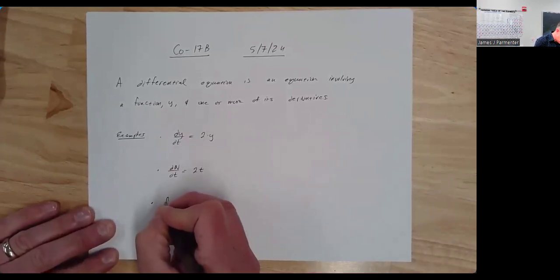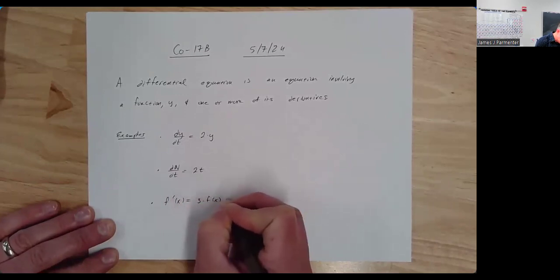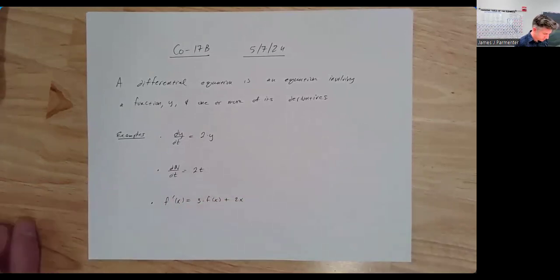Or f prime of x equal to 3 times f of x plus 2x. These are all examples of differential equations where you have a function and one or more of its derivatives. I would say that all of these are first order differential equations because the only derivative that's involved is the first derivative.